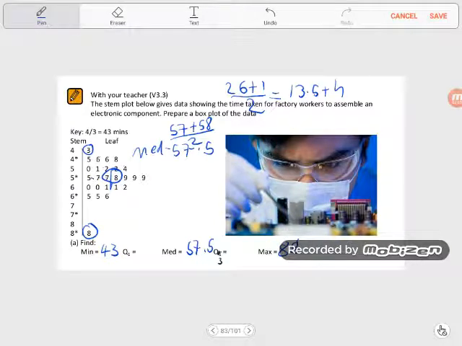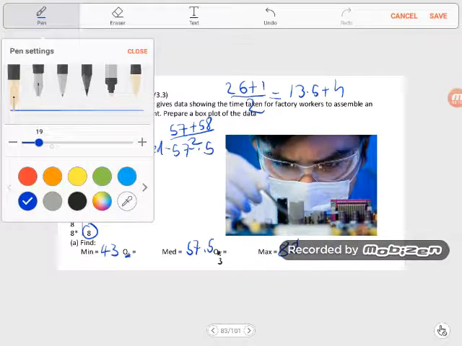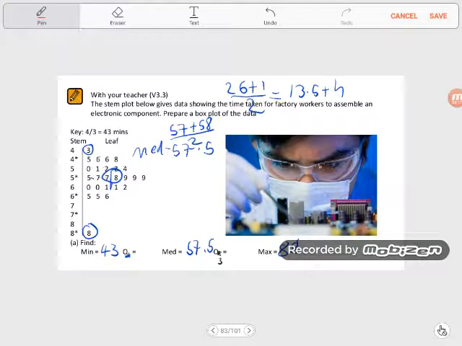Now, to identify the lower quartile, or Q1, we want to find the median of the first half of the data. So it's like the first quarter in the footy match.